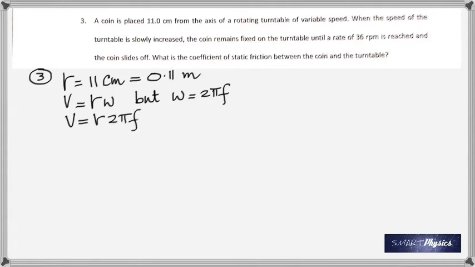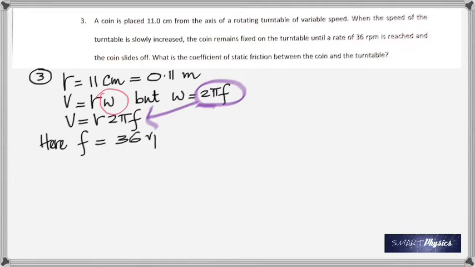So we can substitute for omega, and you get r times 2 pi f. Here the frequency is 36 rotations per minute, which is 36 divided by 60 rotations per second. 0.6 rotations per second.